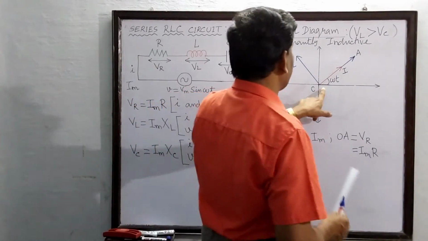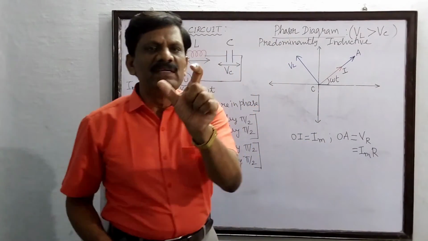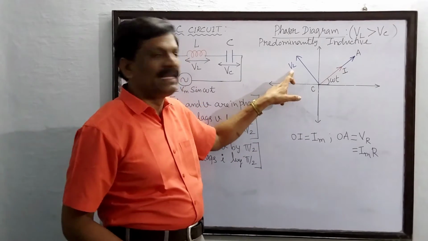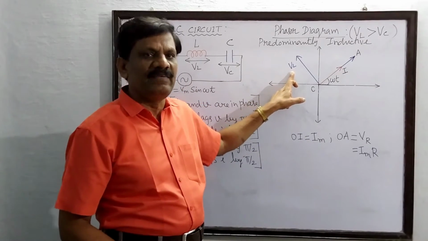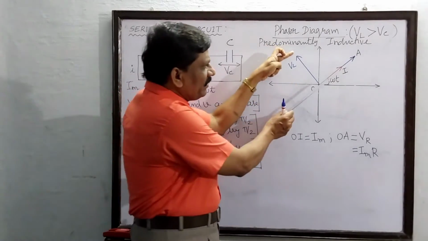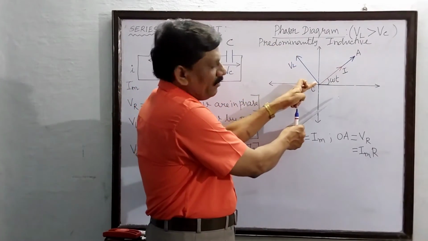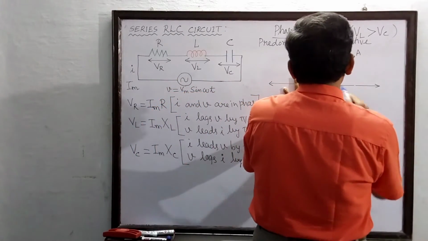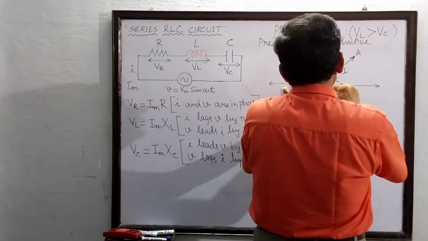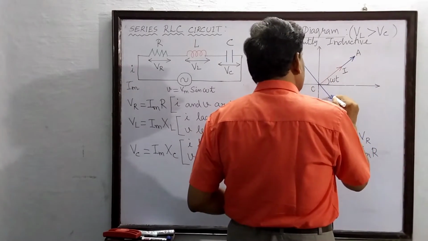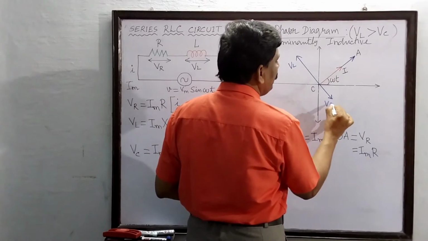So the VC vector I have to show. While drawing the VC vector, its magnitude should be smaller than the VL vector, because VL is greater than VC, as we have assumed. One idea I will tell you: if you draw half the length of VL, the picture will be very clear. See here, I will draw this VC vector nearly half. Okay, so half of this, and this is the VC vector.